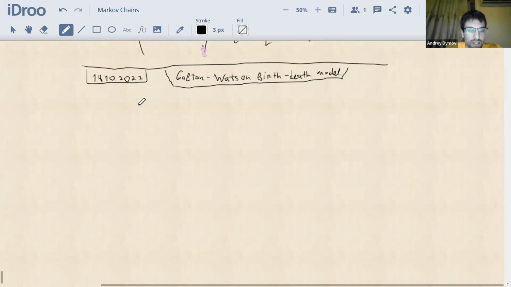He found that this model does not describe that situation well, but it turns out that this model describes other, more serious situations well. For example, the behavior of chromosomes and so on and so forth. So the model is as follows.